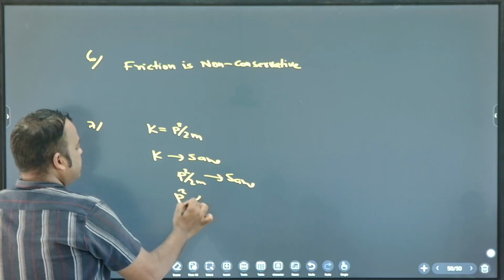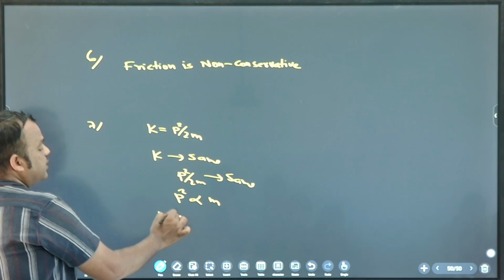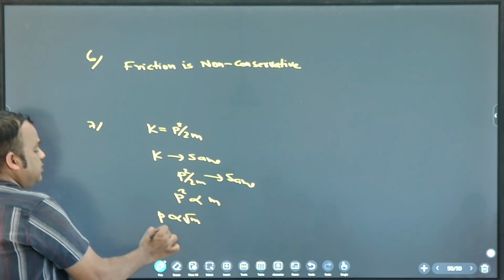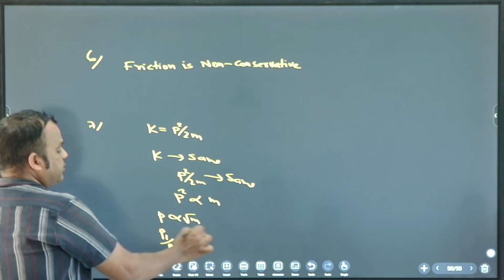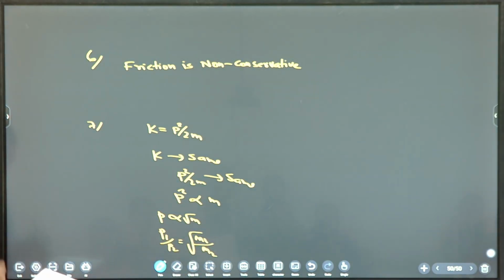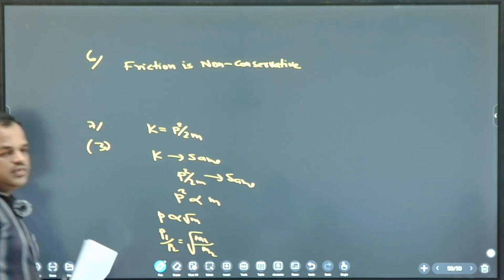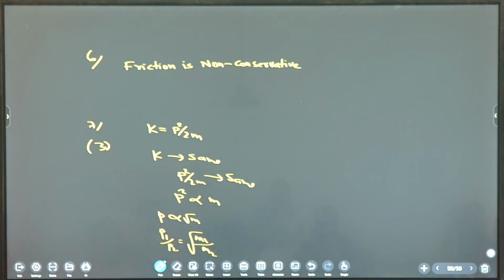So p square is directly proportional to m, so p is directly proportional to root m. So p1 by p2 is equal to root m1 by m2. Are you getting it? So the third option. Note it down, copy it.